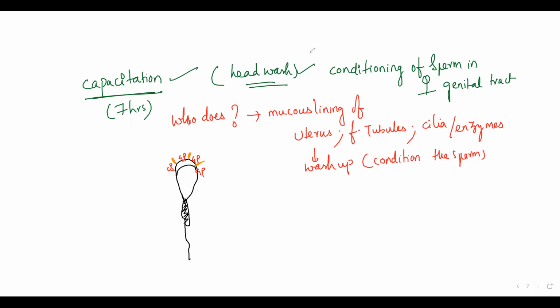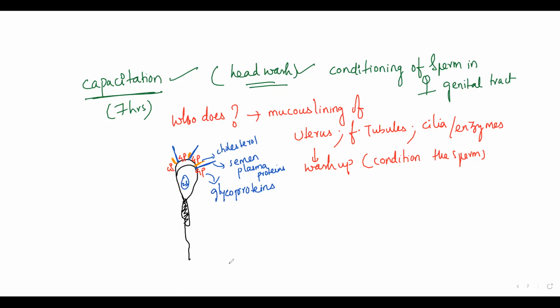Let me take another color, blue. On the head, they are having some glycoproteins, some cholesterol, and next some semen plasma proteins. These all are being seen, and they have 23 chromosomes inside.